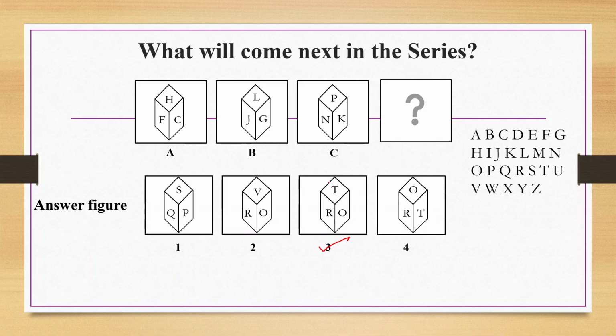Okay, if you are dealing with the top face, do check whether the alphabet you have seen in the top face is there on the top face or not, because sometimes in a hurry you just see T, R, O and mark the answer. But this will be wrong because T is there on the top face and not on the right face. Okay, now let's see the answer. See, we got our answer as option number 3.